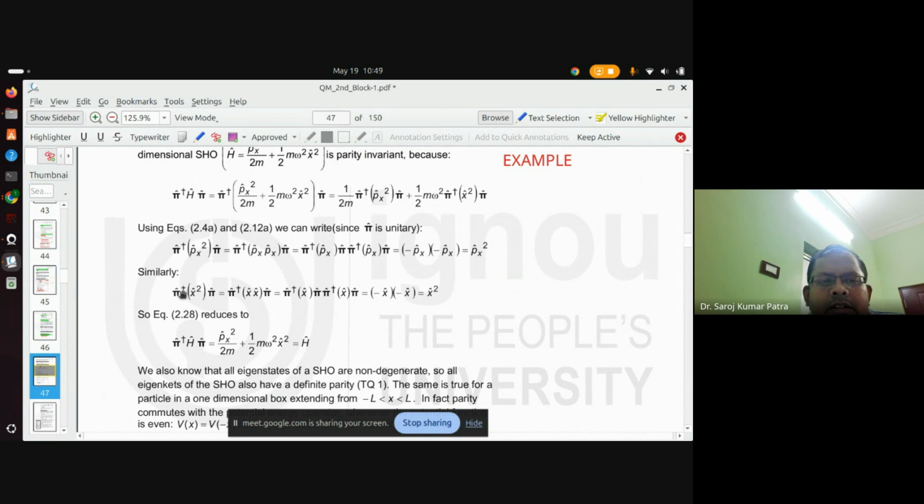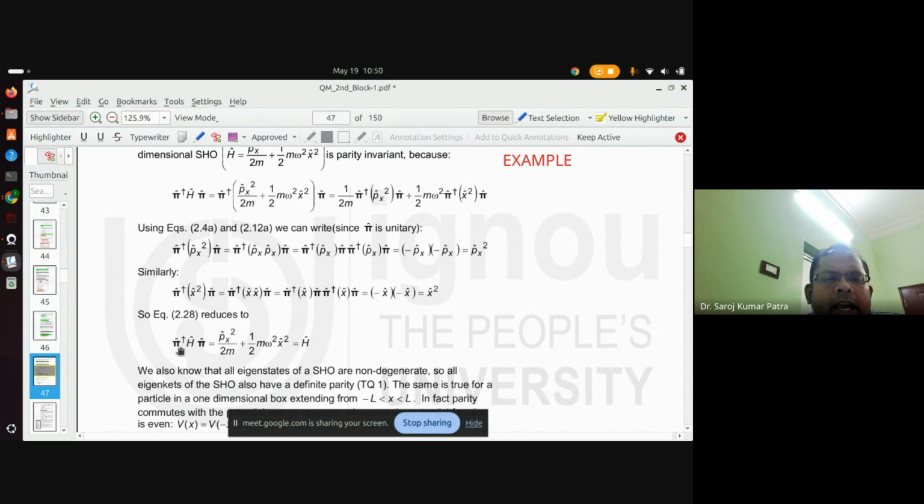Similarly, you can prove that pi dag x square pi will also be equal to x square. So pi dag H pi, which we had to find, will become what? Pi dag p square pi becomes px square, and pi dag x square pi becomes x square. So it will be p square by 2m plus half m omega square x square, which is H again.